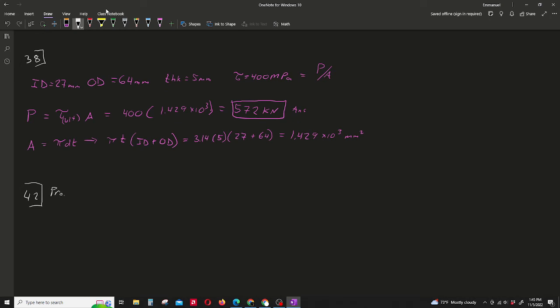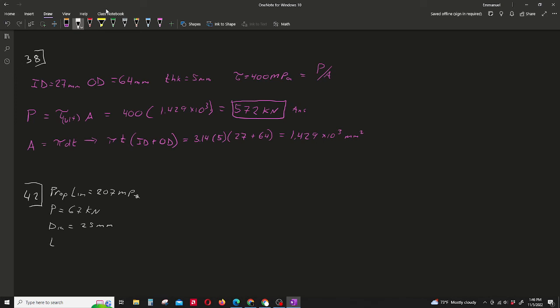So, prop limit, 207 megapascals. Axial tensile load, P, 67 kN. Diameter, 25 mm.